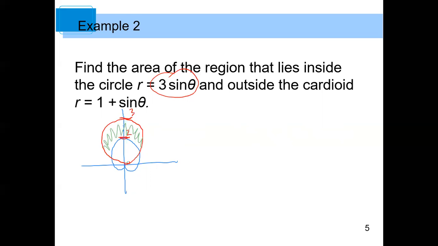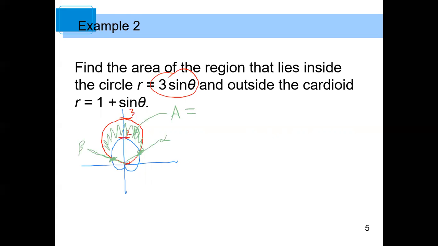In order to do that, we're going to have to figure out what our starting and ending angles are, what this alpha and this beta are, where we start the region and end the region. So what is that area going to be? I don't know what those angles are yet, but we could at least write down a formula, couldn't we?